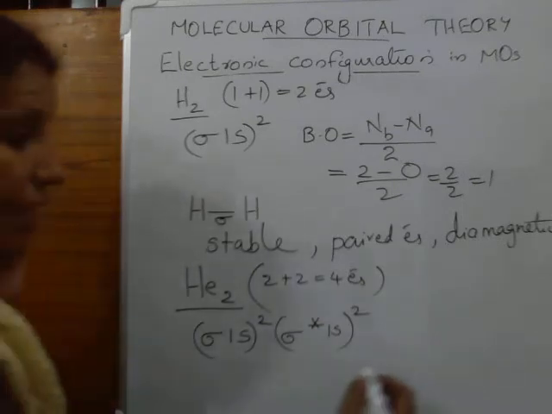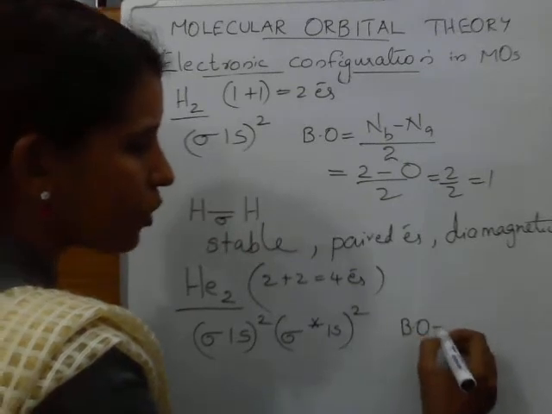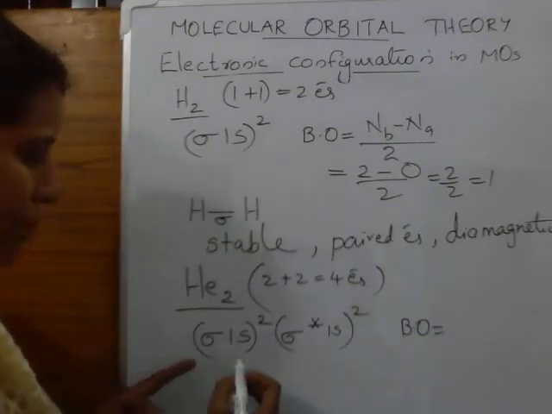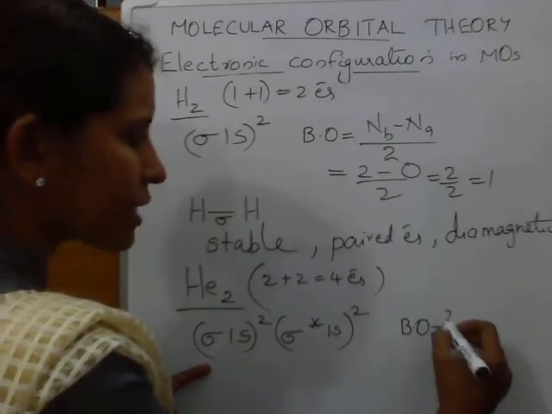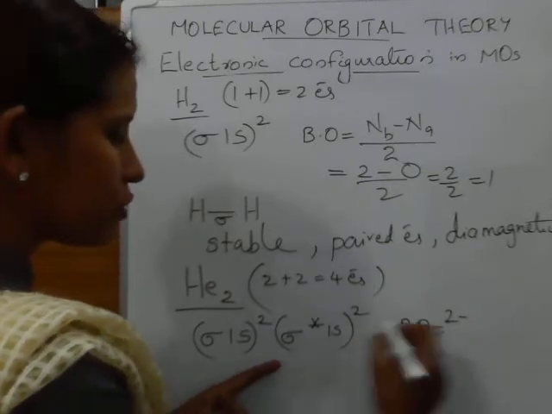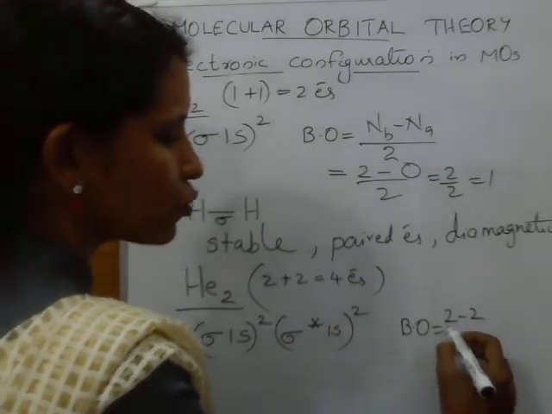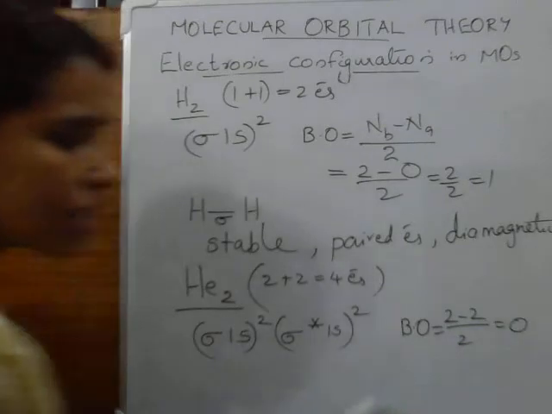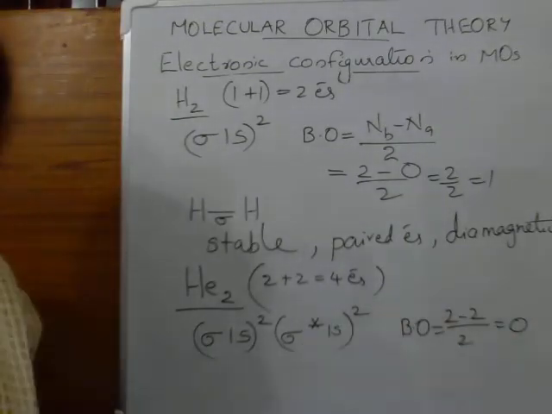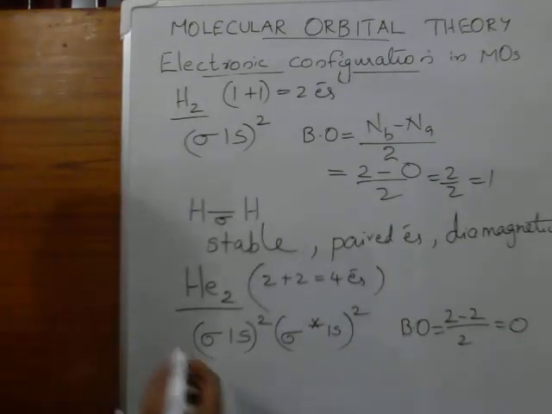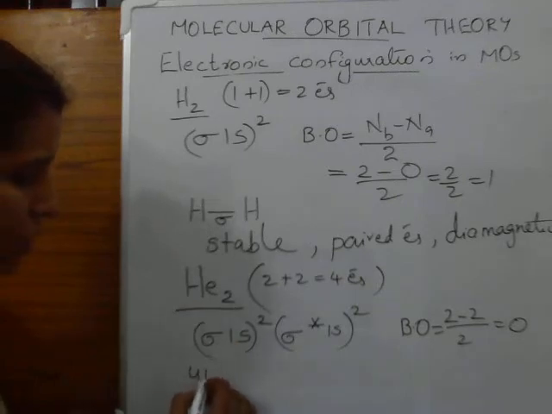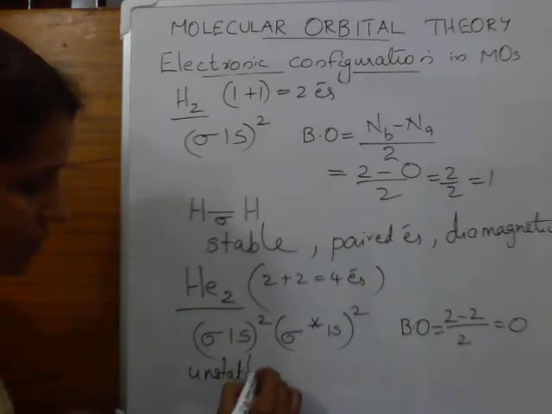Let us determine the bond order. Bond order will be equal to NB, number of electrons in bonding MOs, 2. Antibonding MOs, there are 2 electrons. 2 minus 2, by 2, equal to 0. Bond order is equal to 0. What does that mean? The He2 molecule is unstable.